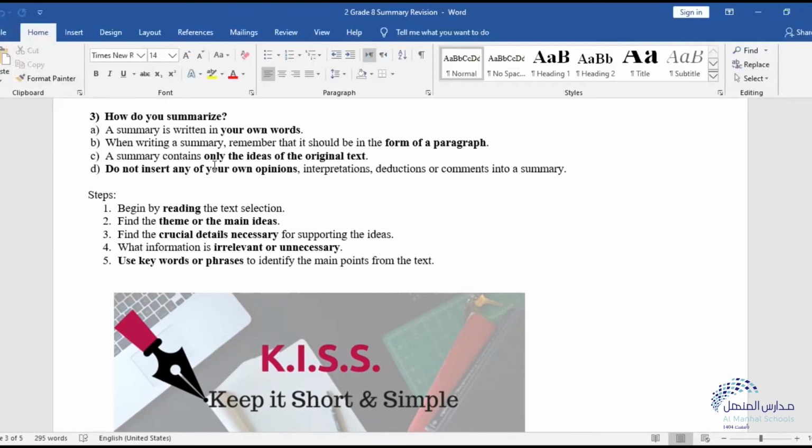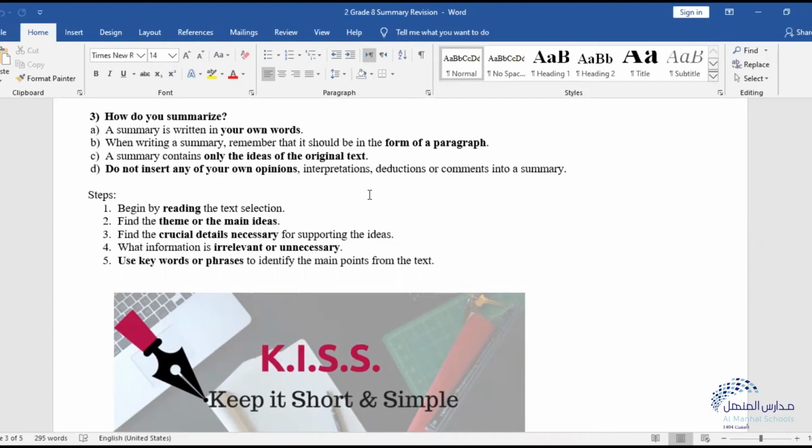A summary contains only the ideas of the original text. So in other words, do not insert any of your own opinions, interpretations, deductions, or comments in the summary. In a summary of somebody else's writing, you only take that person's writing, that person's ideas, that person's beliefs, and you don't add in any of your own, right?